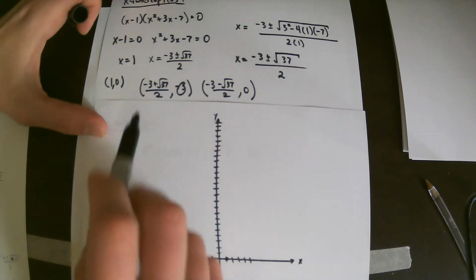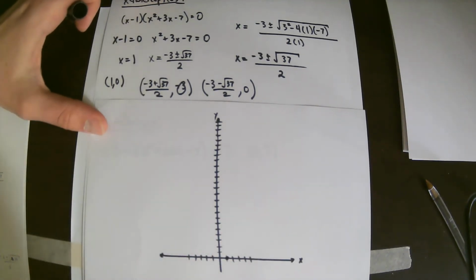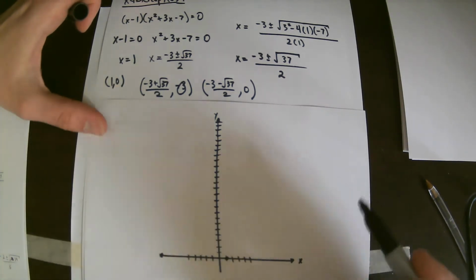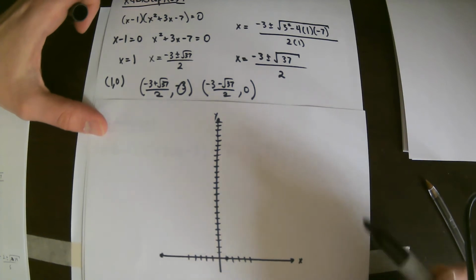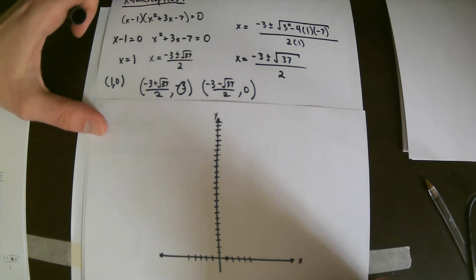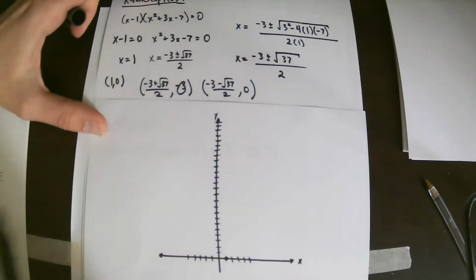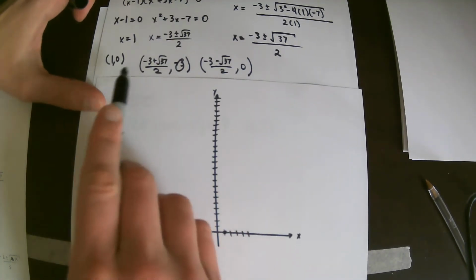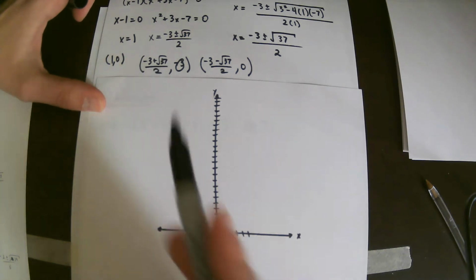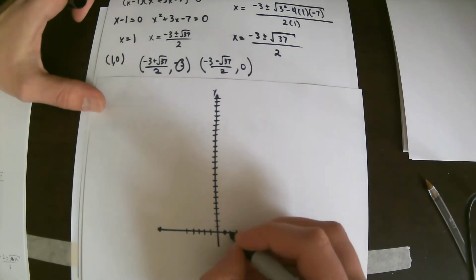Let's see, I could get these as decimal values. I know that square root of 37 is going to be really close to 6, because square root of 36 is 6. So you can run these in the calculator if it makes you feel better. Negative 3 plus 6 is 3 over 2. So I've got one at 1.5, which is super close to the other one.